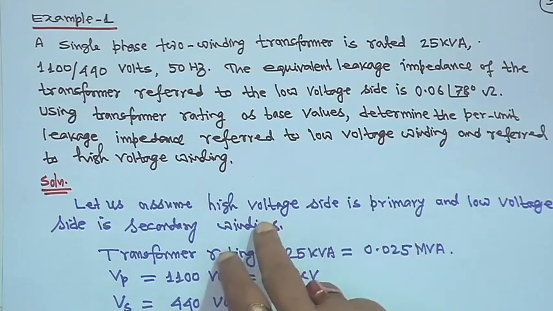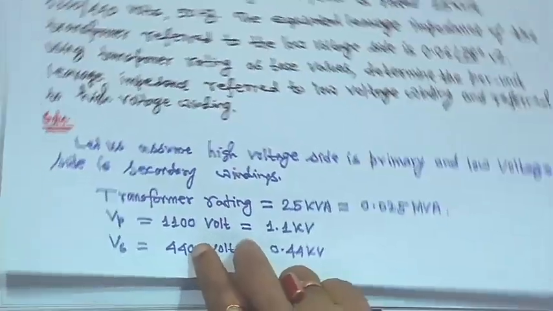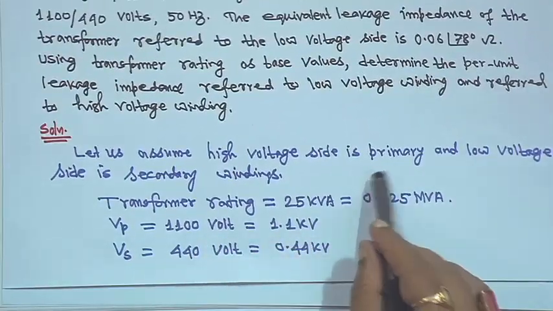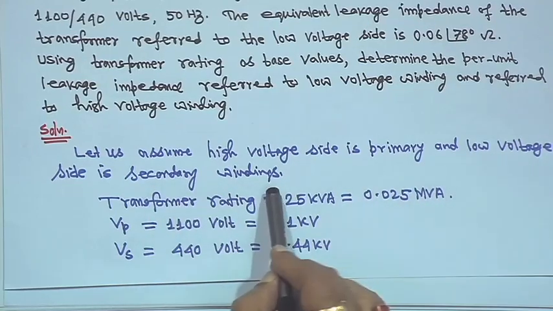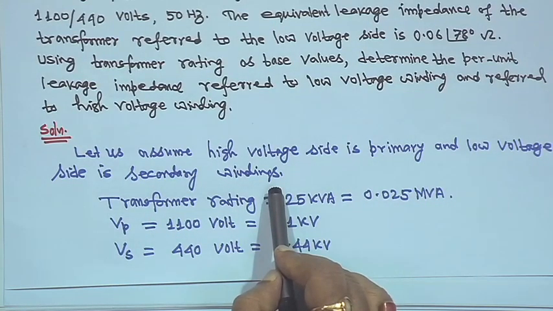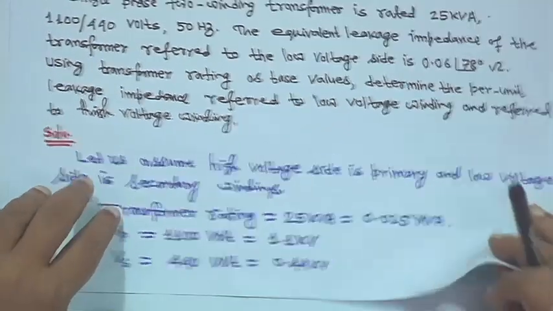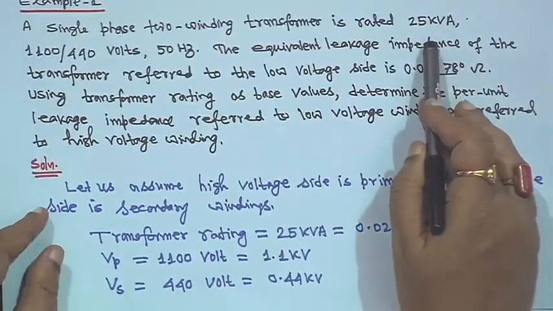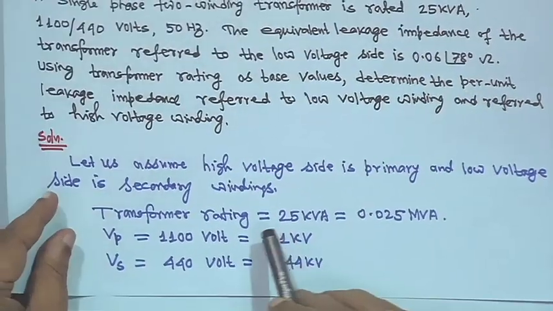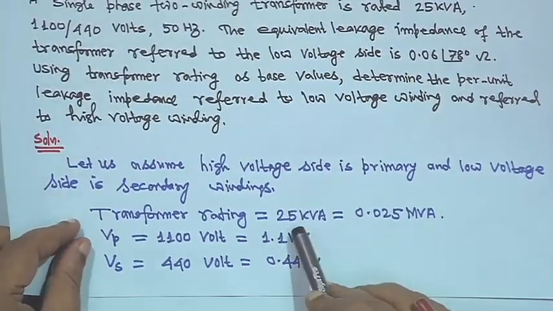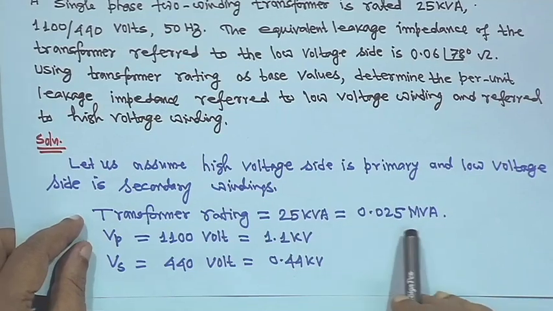First, let us assume the high voltage side is primary and the low voltage side is secondary. The transformer rating is 25 kVA; divided by 1000, it becomes 0.025 MVA.